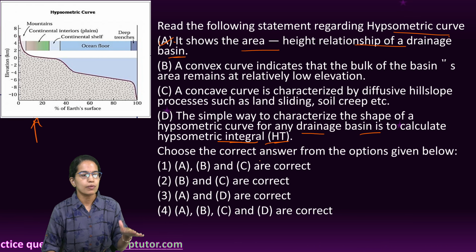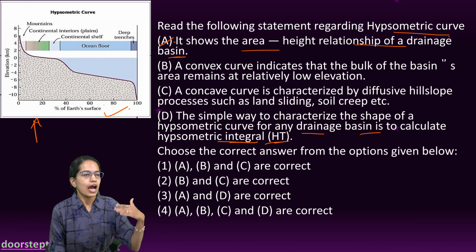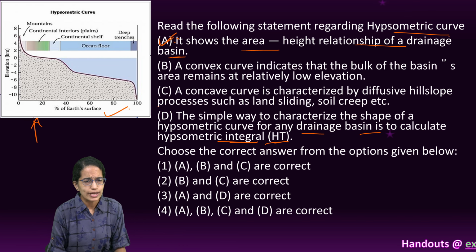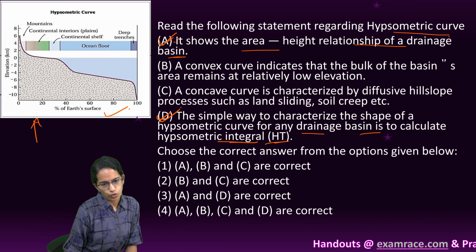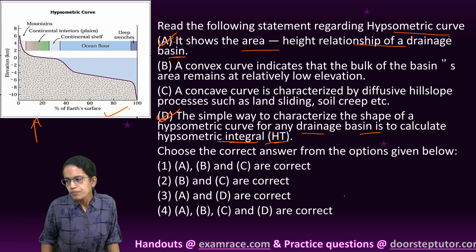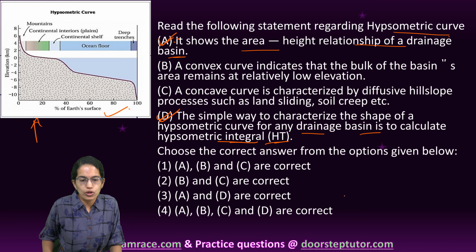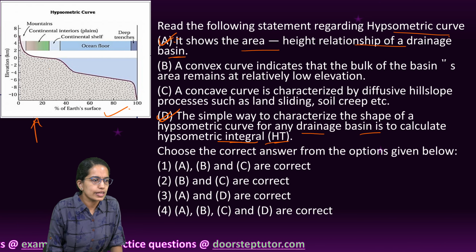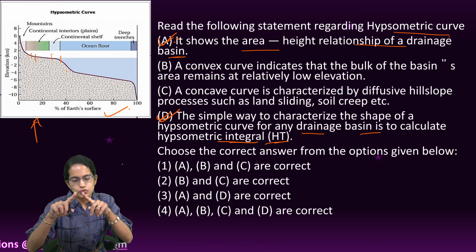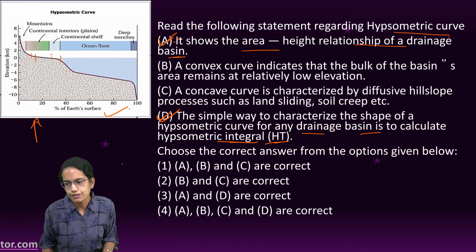The horizontal axis talks about the percentage of the earth's surface, and the vertical axis explains the elevation. So 1 is correct and 4 is correct here. That is the most important thing, and this is helpful by integration. So you can take small segments and use integration to understand how the shape of the basin is calculated.